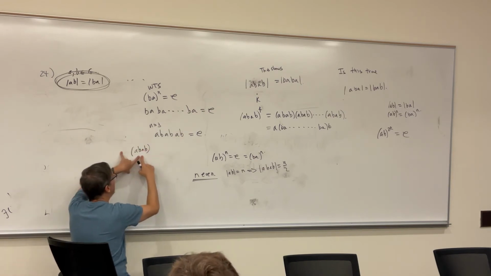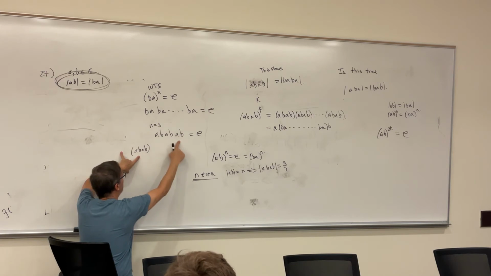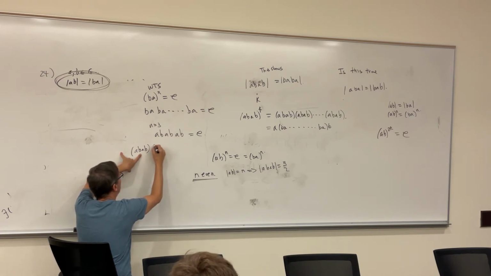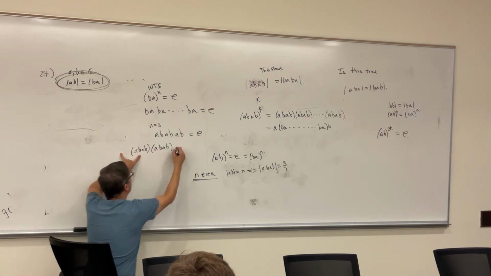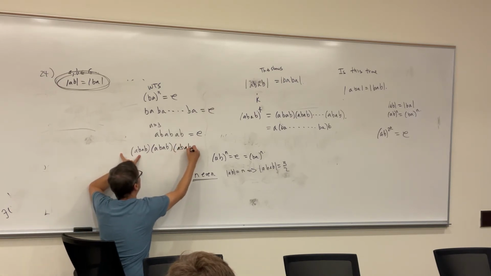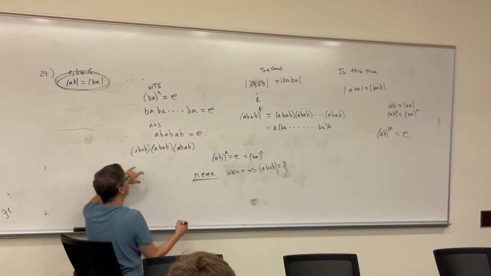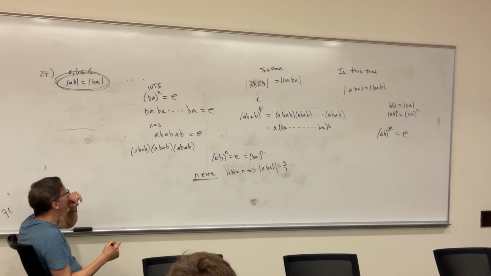So to get back to parity, I can't just tack on another one. That gets me 4 of the ABs. But if I do it again, then I have a multiple of 3 ABs, or 6 ABs, right?